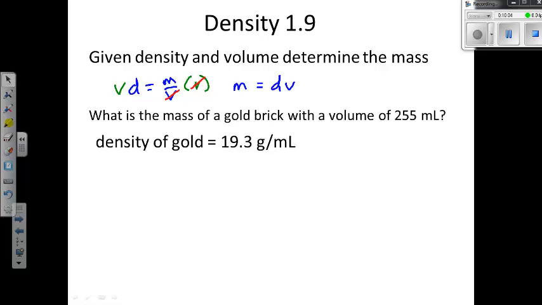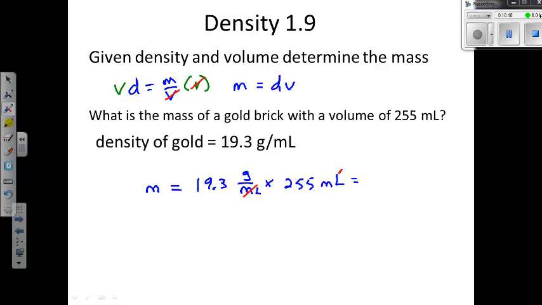So what is the mass of a gold brick with a volume of 255 milliliters if the density of gold is 19.3 grams per milliliter? So milliliters, grams per milliliter, looks like the units are going to line up for me, okay. So I can say mass is equal to density, 19.3 grams per milliliter times 255 milliliters, and the milliliters will cancel out because the units agree here.